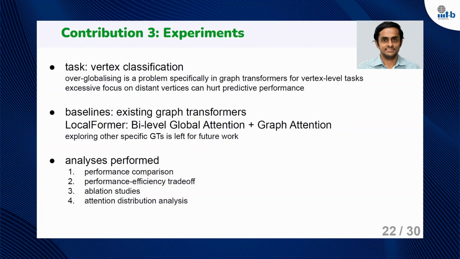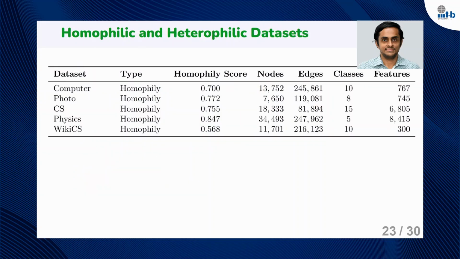And then we also looked at the attention distribution of this proposal. We looked at 5 different homophilic data sets. These are the statistics of all of them. You can see that they have a few thousand nodes in all of them, around 13,000.